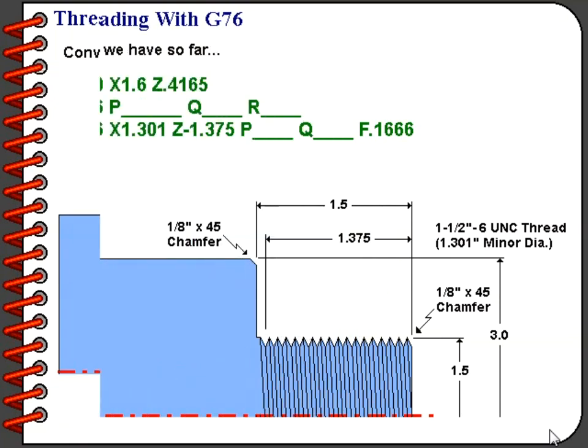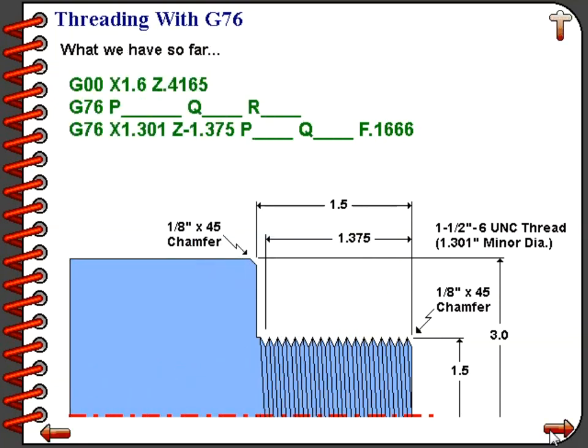Now I know we've covered a lot of new terminology so far, as well as a few parts of the CAN cycle. Now let's take a look at some of that terminology and see how it fits into our G76 cycle. Our first line before the G76 cycle positions the tool at our convenient starting position.